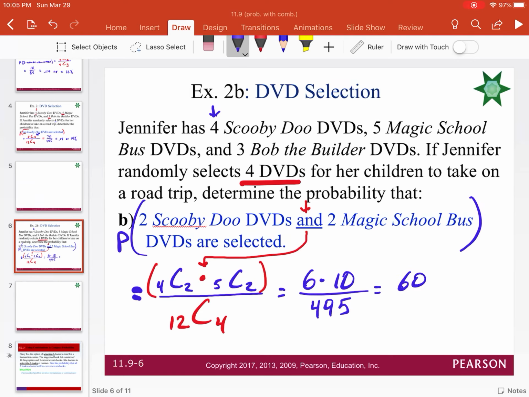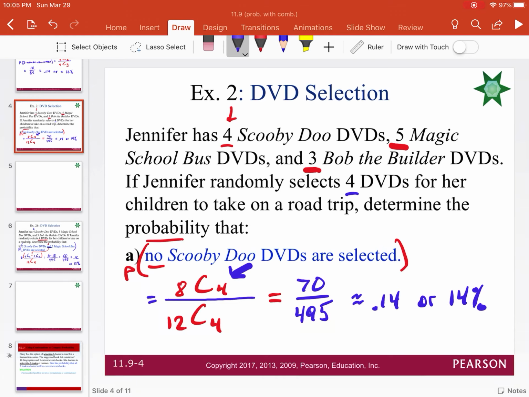So we got 60 over 495, which again is just fine for an answer, but if the book simplifies it and you want to know if you got it right, it's 0.12. So there you go, 12%. That was, yeah, the other one was 14. Pretty similar.